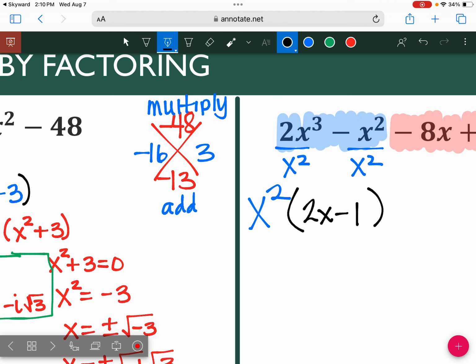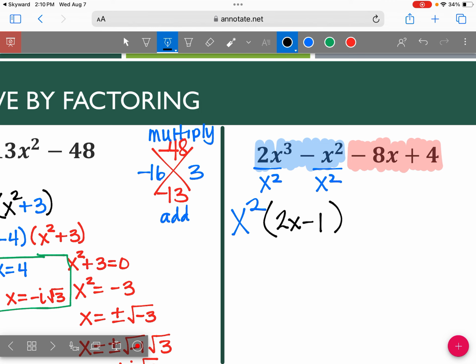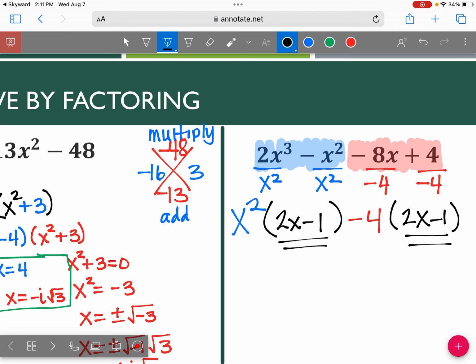Now look at your pink group. We need to take out something. But whatever we take out, I need to have a 2x minus 1 left. Not positive 4, negative 4. We got to take out a negative 4. All right, so these match up, so I know I did it right.